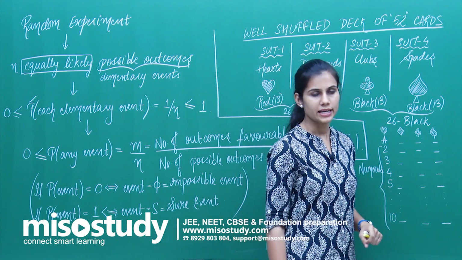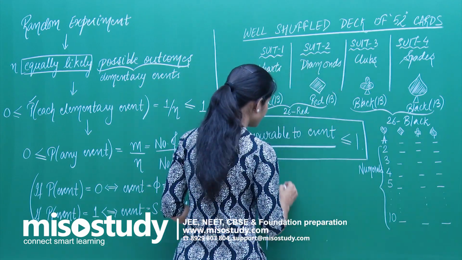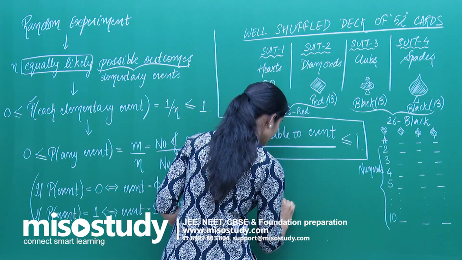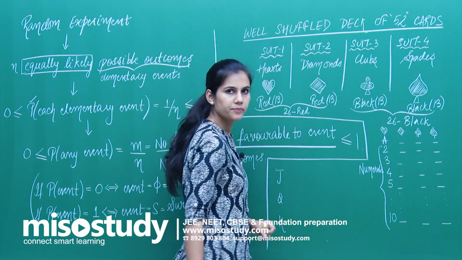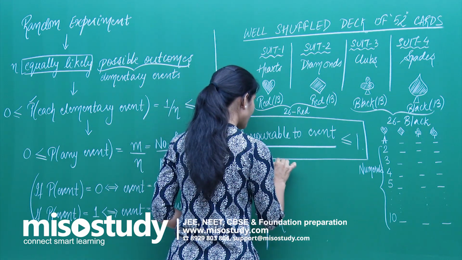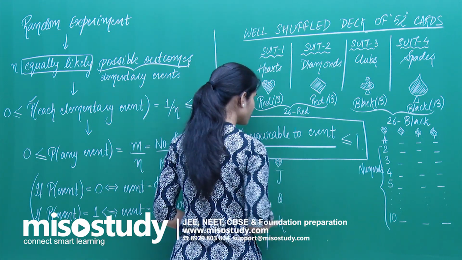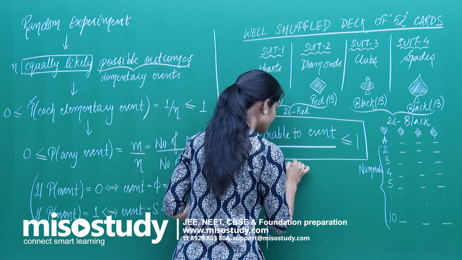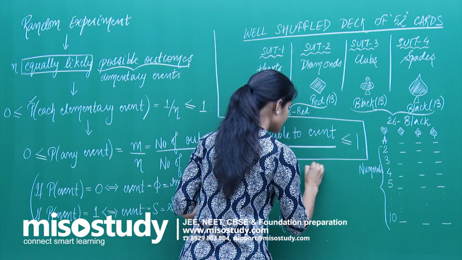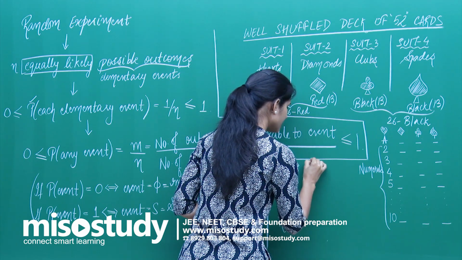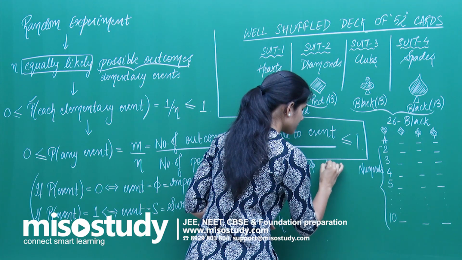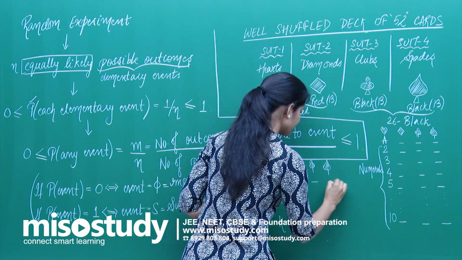So there is 3 of spades, 3 of hearts, 3 of diamonds, 3 of clubs, and similarly every other number from A to 10. And the left out 3 cards are J, Q, and K. So there is Jack of hearts, you call this Jack. There is Jack of hearts, Jack of diamonds, Jack of clubs, and Jack of spades.